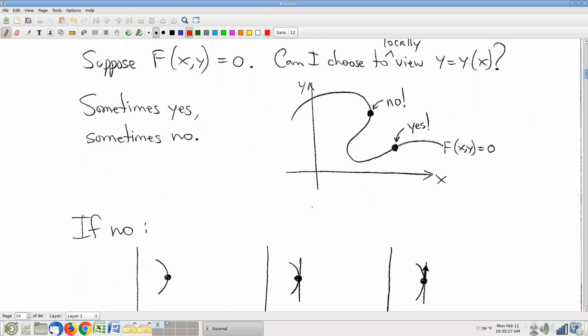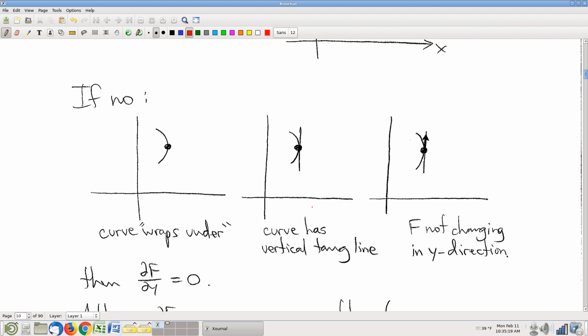Now, I'm not going to get real rigorous about this because this is not what Math 212 is. But I do want to point to what I think is morally the point, and that is, look, the reason that at a point like this you can't do it is because the curve kind of wraps under itself. It's the fact that at that point it is in the process of wrapping under itself that gives you this vertical line test problem.